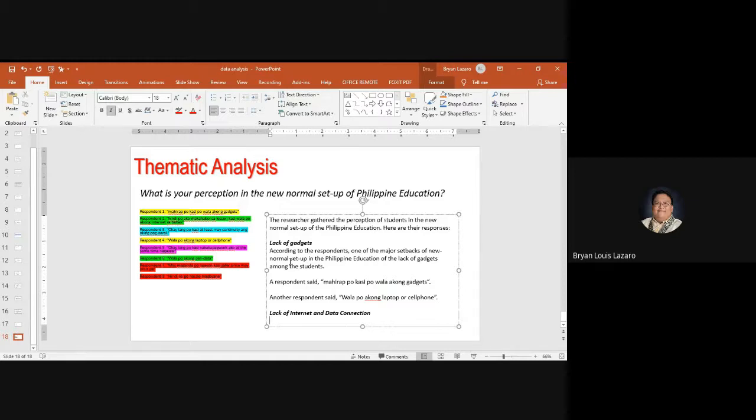Nakukuha niyo ba ako? Kasi ang art of writing the data analysis should be from highest number of votes to lowest number or least number of votes. So parang ganito lang din yun. Pero in this part, magsusulat ka or magbabasa ka.